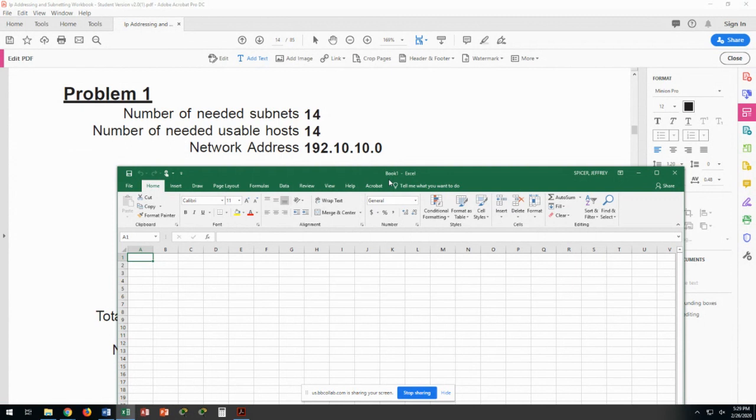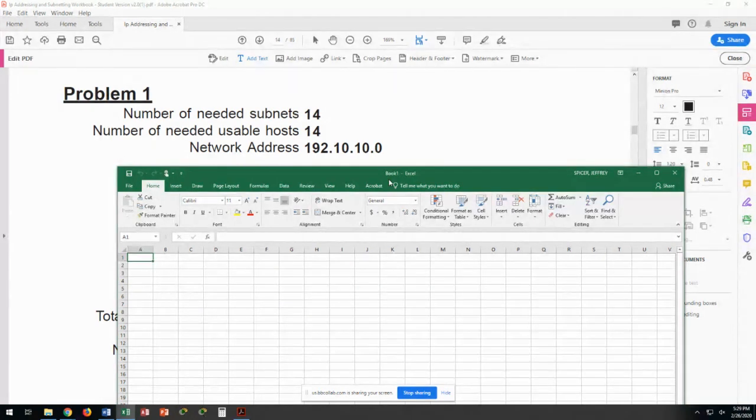So you see what I'm doing? I'm filling in, right? Each network has 16 IPs, right? So the network ID goes up by 16 each time, right? And so you could actually just do this and then subtract 1 and you'll get your broadcast, right? It makes it easy, right?